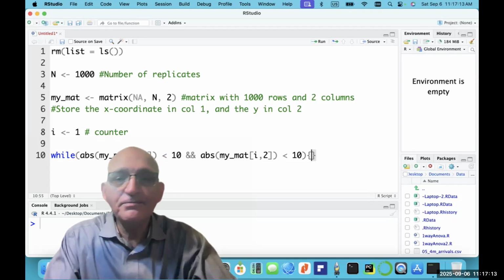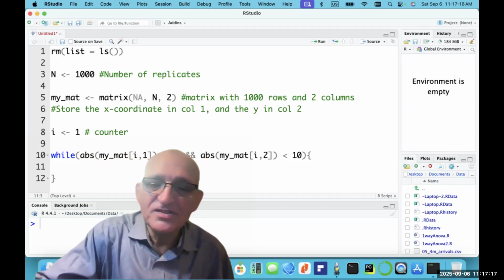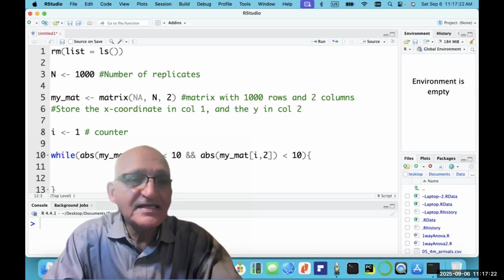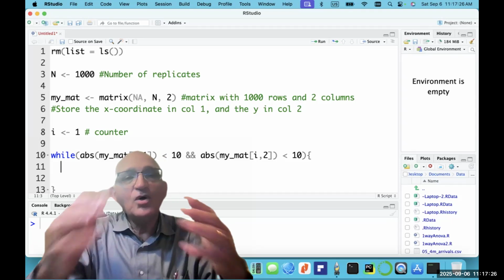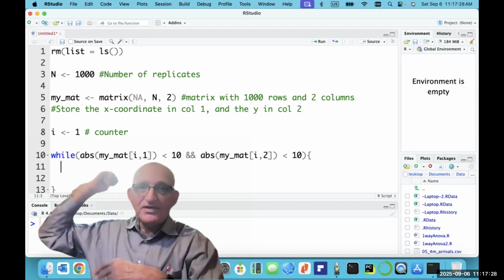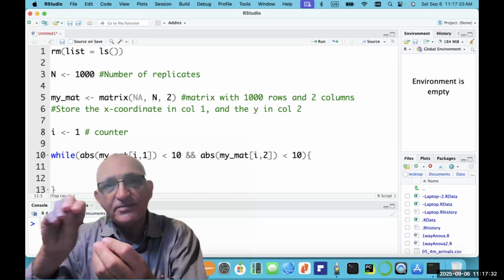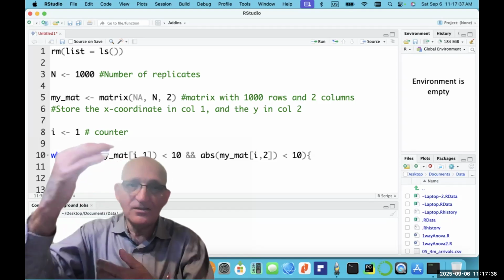Notice we have to open braces and close them. And here, all I have to do is to say, well, I have I equals 1. But I want to refer, I'm going to say, take the previous point, add a uniformly distributed random deviate from that to the x and 1 to the y.